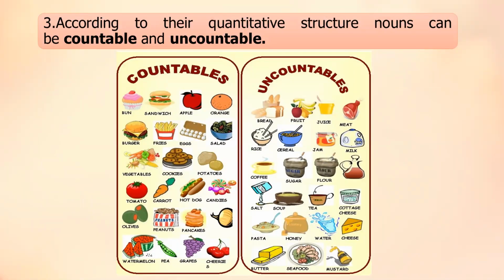According to their quantitative structure, nouns can be countable and uncountable. Countable nouns, as shown in the picture, are like French fries, eggs, salad, apple, pancakes, etc. And uncountable nouns are a mass of things, such as rice, cereal, fruit, juice, bread, etc.